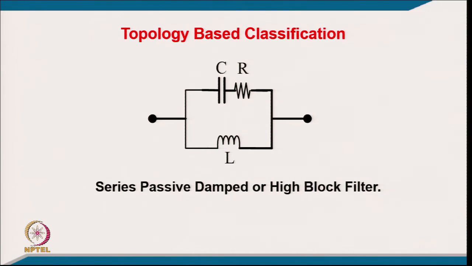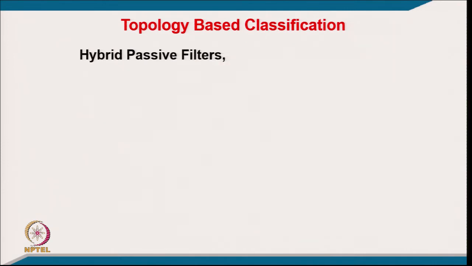But for higher order harmonics the reactance will increase, and most of the current will be forced to flow through the resistance, which will be very small. So, it behaves as a large impedance for all higher order harmonics. That is virtually a series high damped or high block filter.